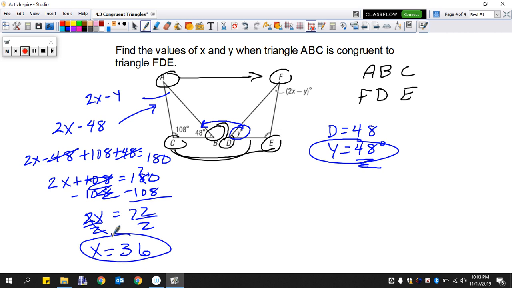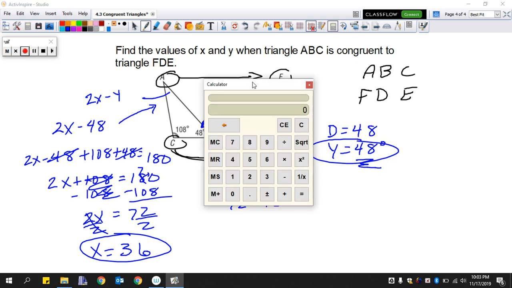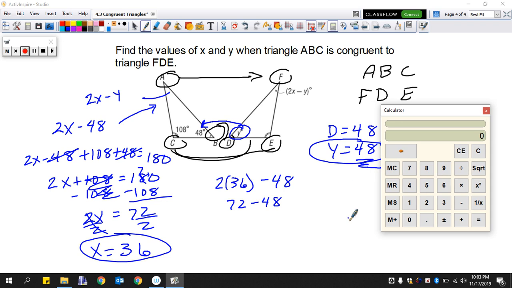All right. And so just to double check, if we plug it in, 2 times 36 minus 48, that would be 72 minus 48. Okay, get the calculator out. 72 minus 48 is equal to 24.